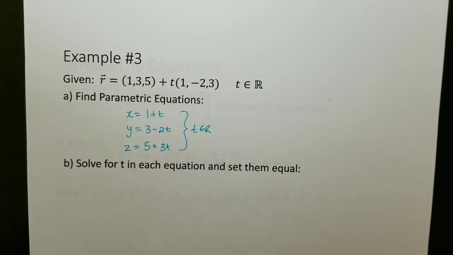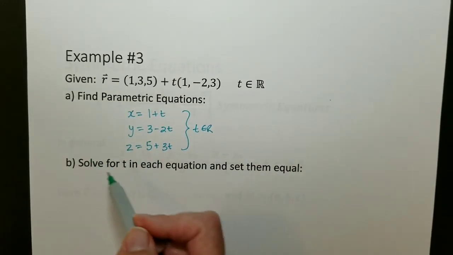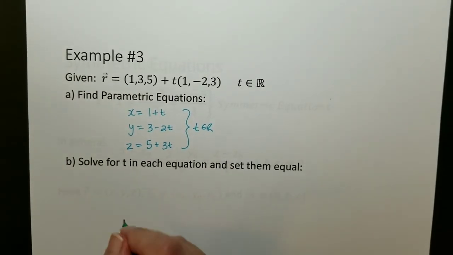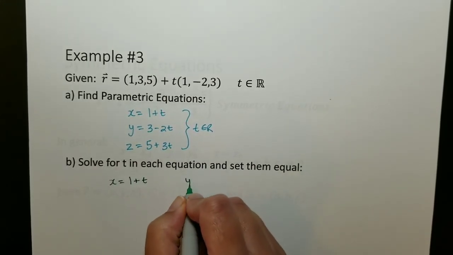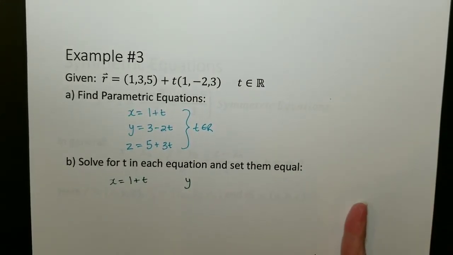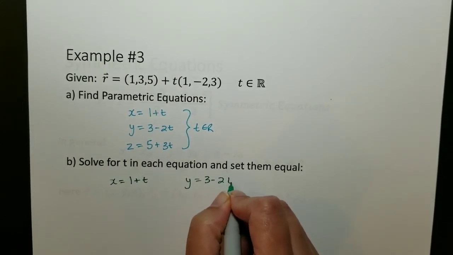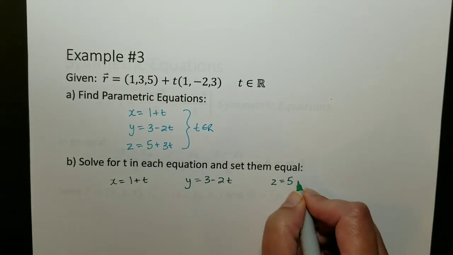Okay. To get the symmetric equations, we're going to take these three equations and solve each one to put it in the form t equals. So x equals 1 plus t. I'm just going to recopy them and write them horizontally so that I can more easily solve each one. It'll give myself a bit better space here.